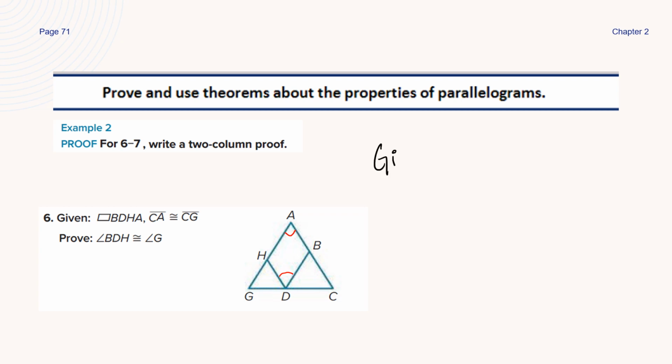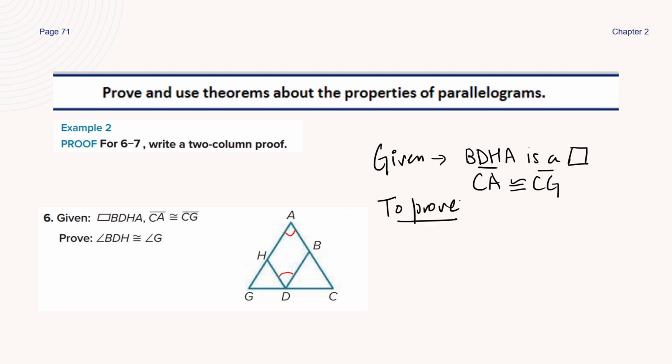So given: BDHA is a parallelogram. Also CA is congruent to CG. To prove: angle BDH is congruent to angle G, means their measures are equal.